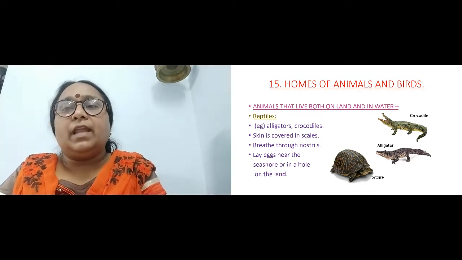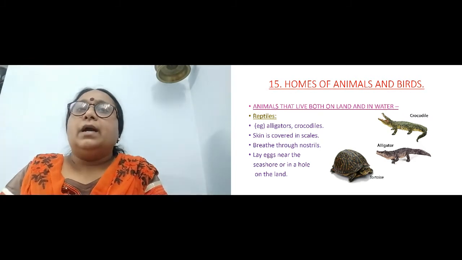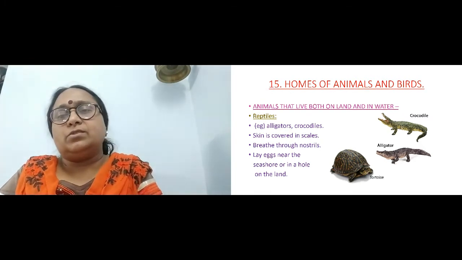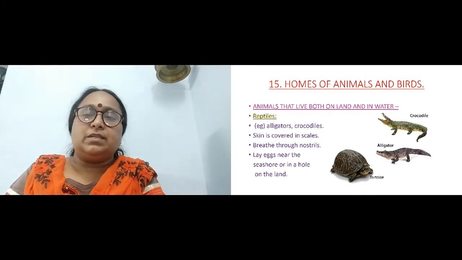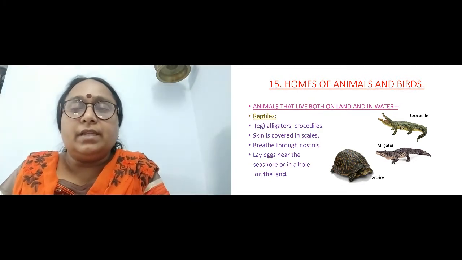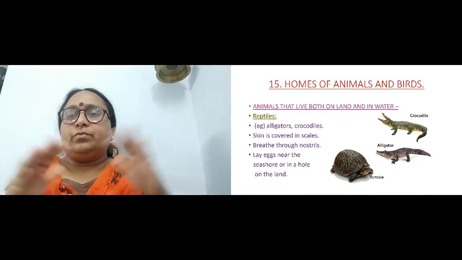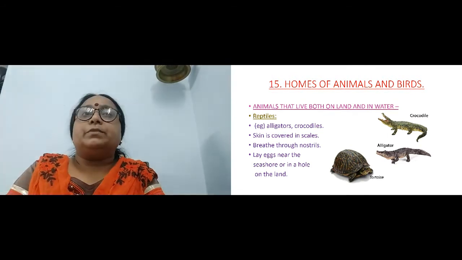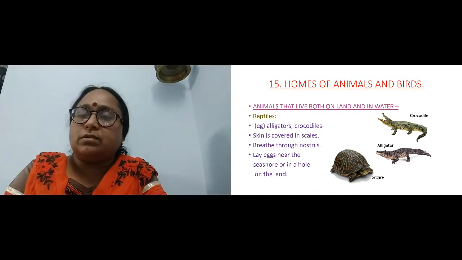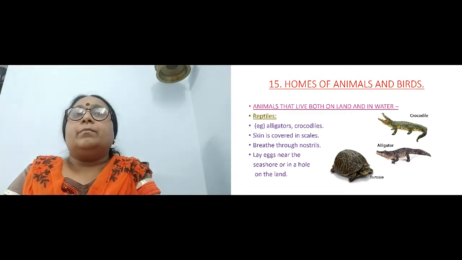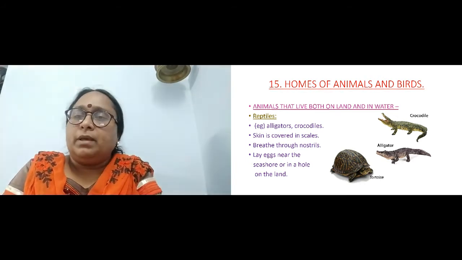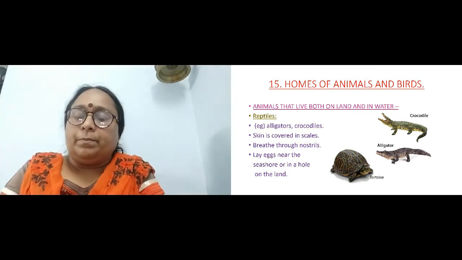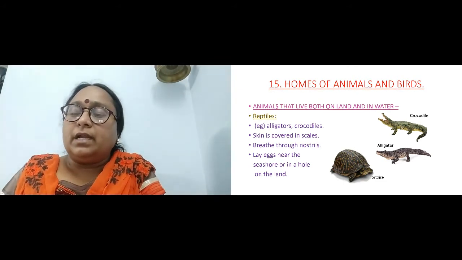Then these reptiles lay eggs near the seashore or in a hole on the land. They don't go far from the seashore, but stay very close to it. They dig a hole and lay the eggs and then cover them with sand, right? So these are reptiles. Animals like alligators, crocodiles, tortoises and all, these are reptiles, and they have scales on their body, and they lay eggs near the seashore or in a hole on the land. So these are animals that live both on land and inside the water.